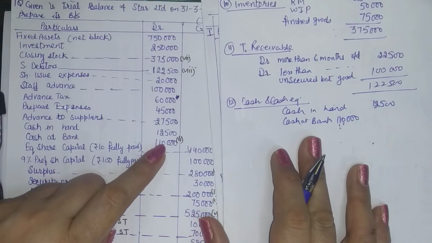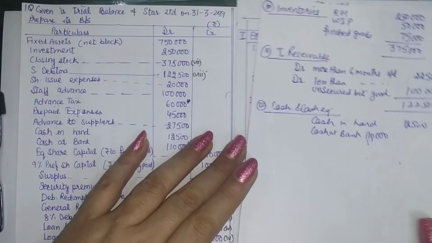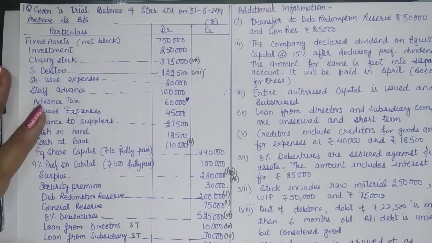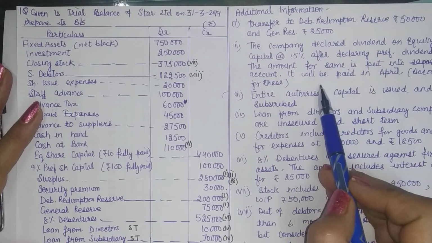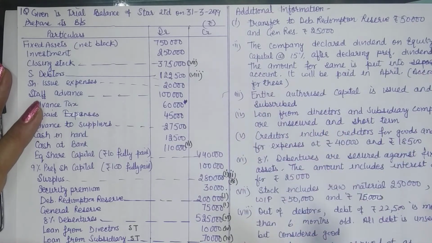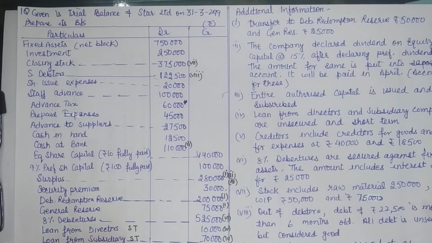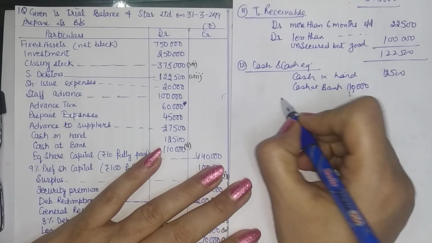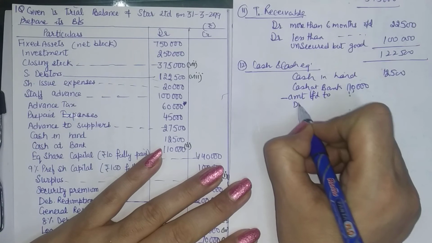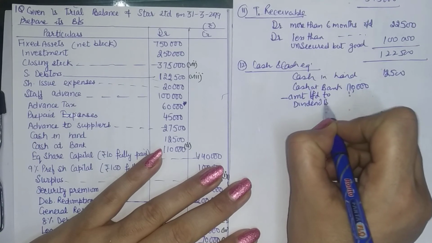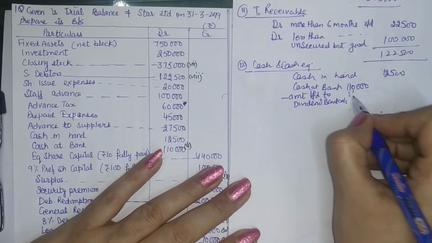Now this adjustment was that you were to declare dividend and the amount is to be put into a separate account. The company has declared dividend and it is put into a separate account, so we have to account for this. So dividend amount was 75,000, so less amount transferred to dividend bank account.